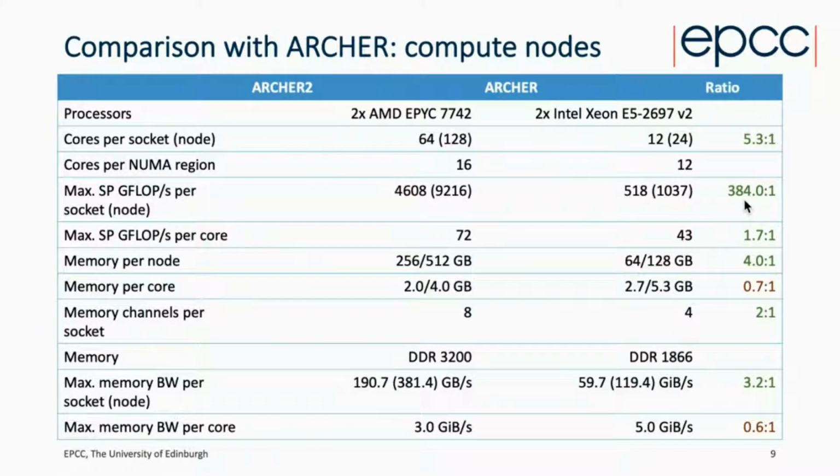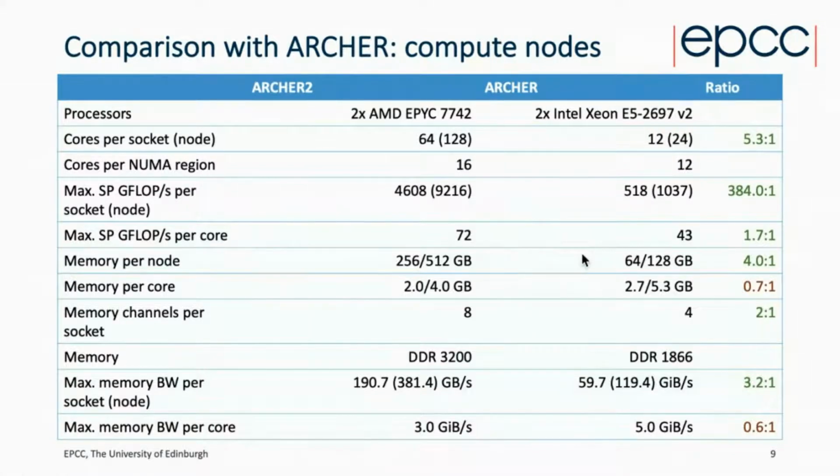That's the smallest unit of resource you can request on the system. And there's also an increase in the floating point performance per core, even the cores have almost twice the floating point performance of an Archer core.